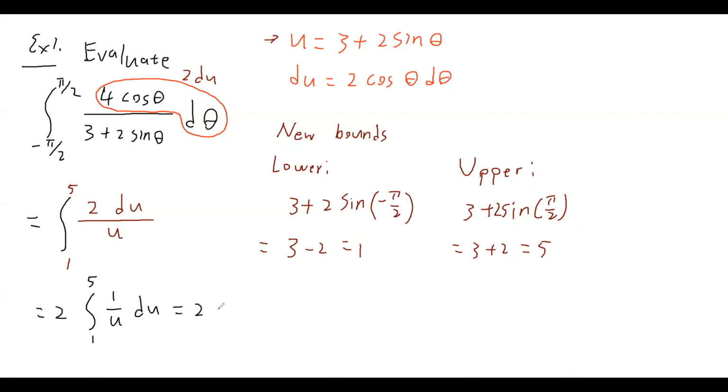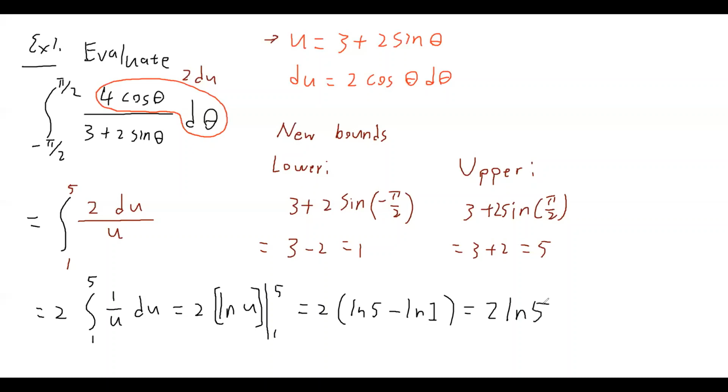So that is 2 times ln u, and then evaluate it from 1 to 5, which gives us 2 parentheses ln 5 minus ln 1, right? And what is ln 1? That's right, it's 0, right? So this simplifies to 2 times ln 5.